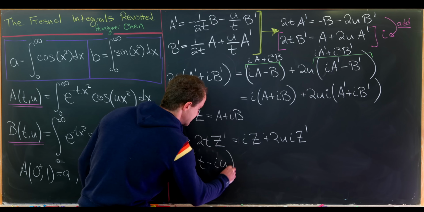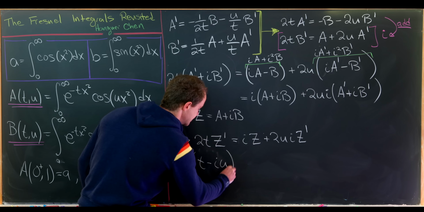to i over 2. So that's what we get, i over 2, and then 1 over t minus i times u. But now I'm going to do one more thing before we start solving that differential equation, and that is multiply the numerator as well as the denominator by i here.